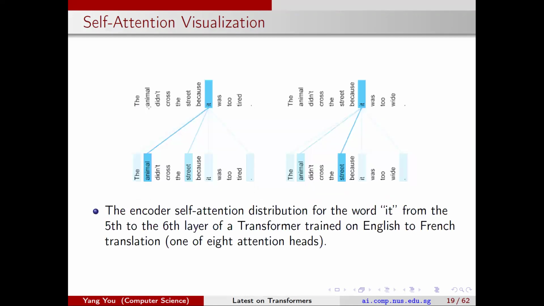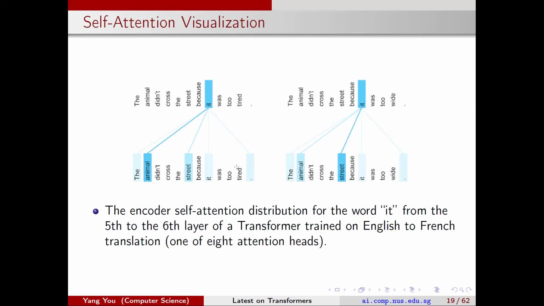Let me give you another example. Here you see: the animal didn't cross the street because it was too tired. The second sentence is different: the animal didn't cross the street because it was too wide.